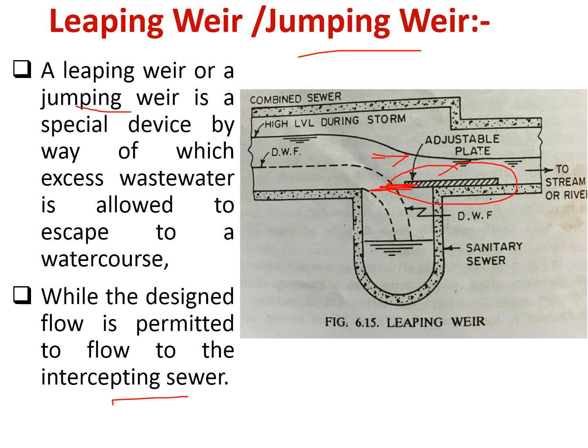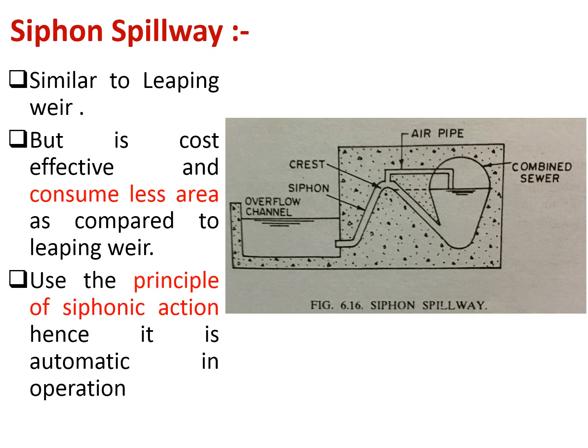This intercepting sewer has some definite capacity only. Up to that we allow, then we adjust with the help of this lipping weir or this adjustable plate.